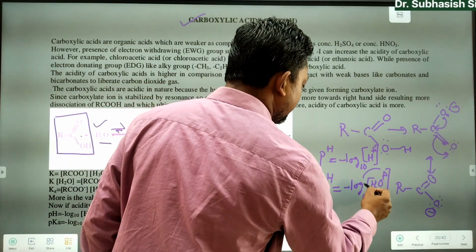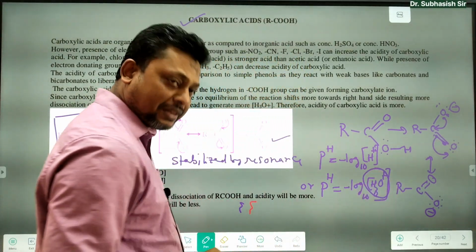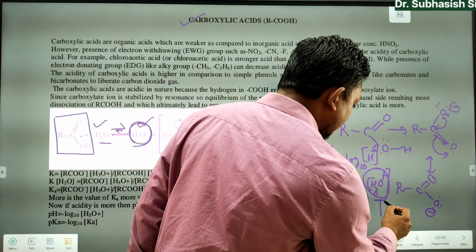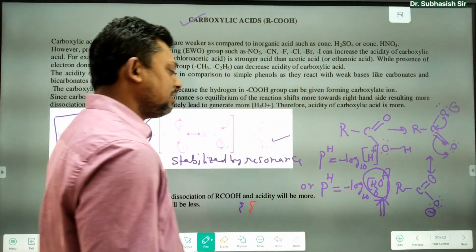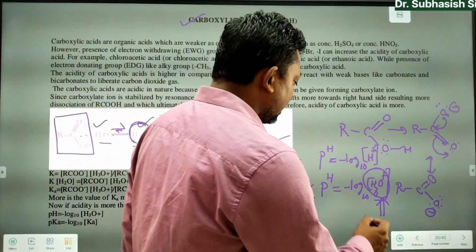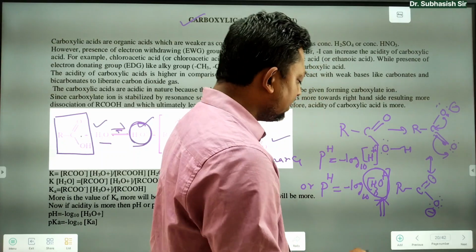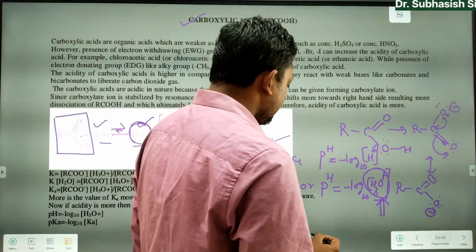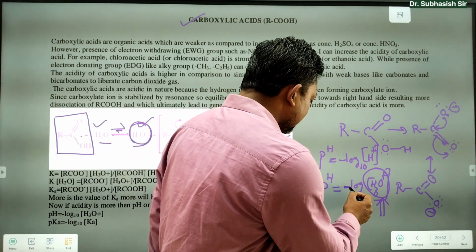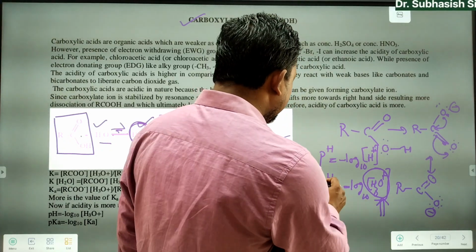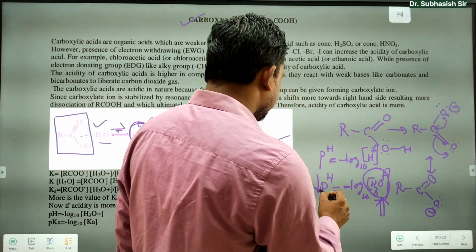If this hydronium ion is formed in greater amount, acidity will be more. And if acidity is more, then because of the negative sign, pH will be less.